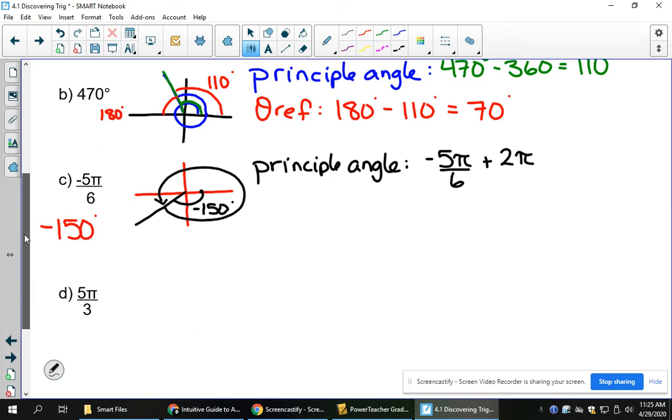What is the trick for dealing with these fractions? I am going to make this have a denominator of 6. So 12 over 6 is 2. Then I'm just going to add the tops. 12 plus negative 5 is going to be positive 7 pi over 6.